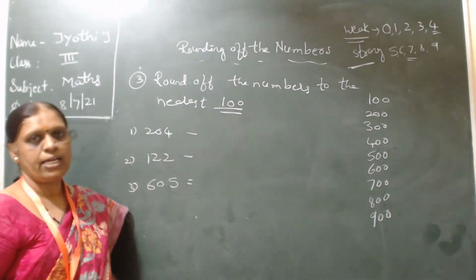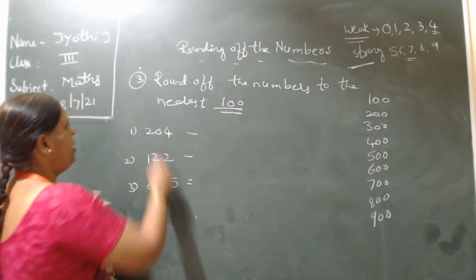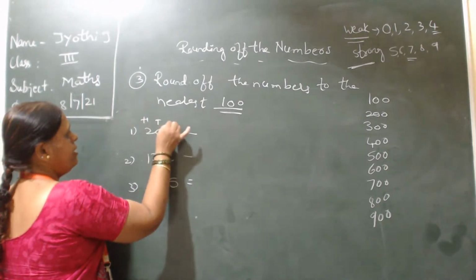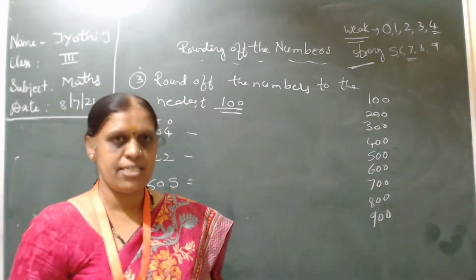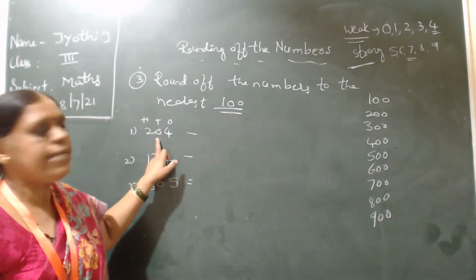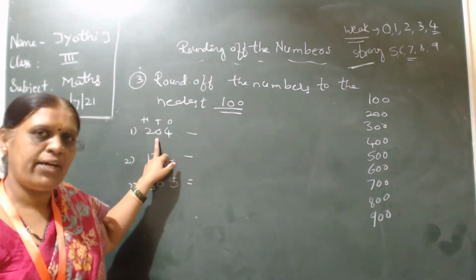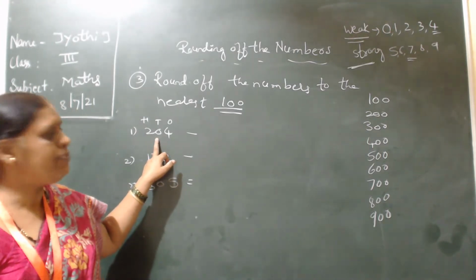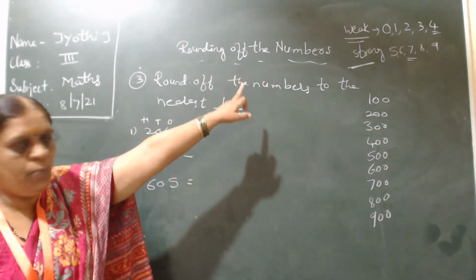So when we are rounding to the nearest hundreds, what did I tell? Hundreds, tens and ones. When we are rounding to the nearest 100, we have to see the number in the tens place, whether that number is more than 5 or less than 5. So 0 will be in the smaller group.